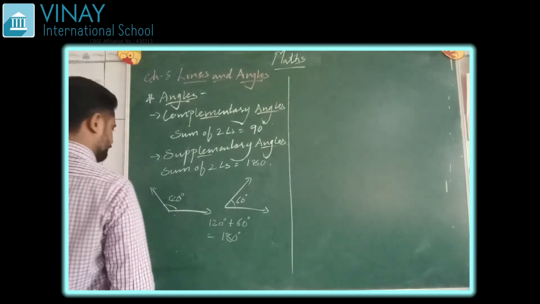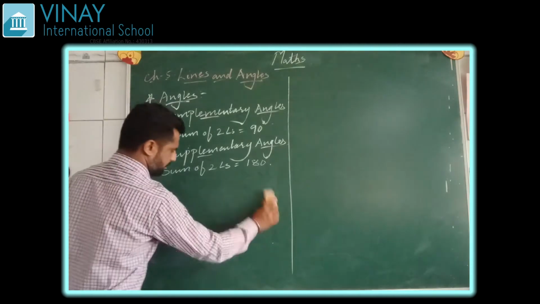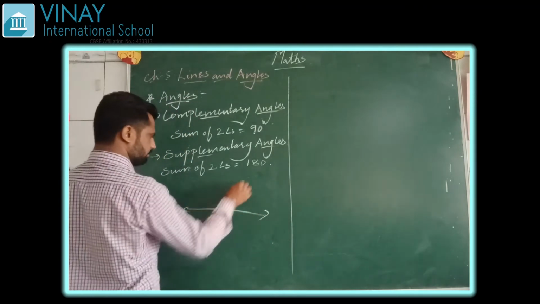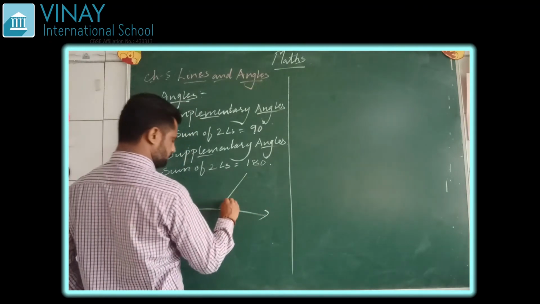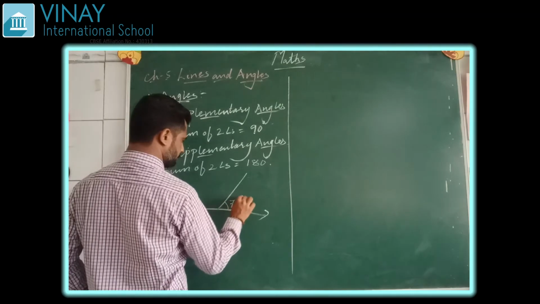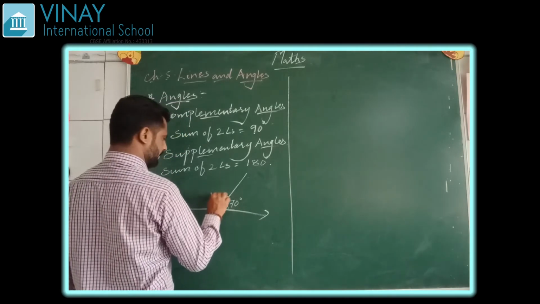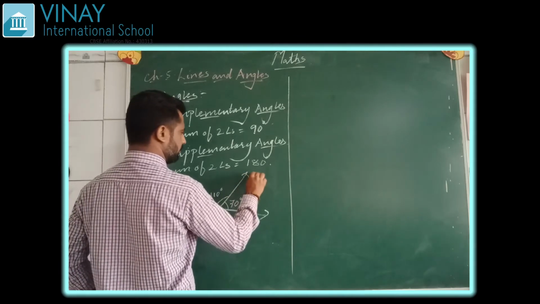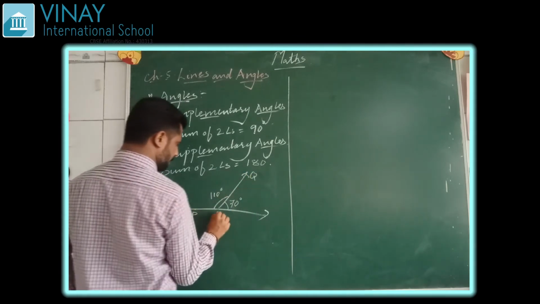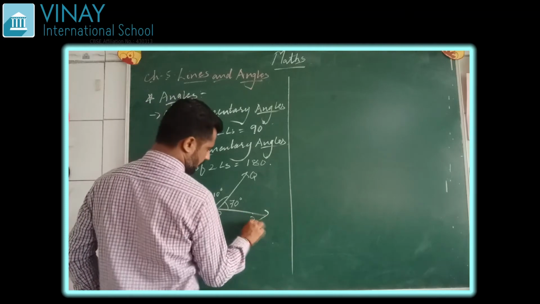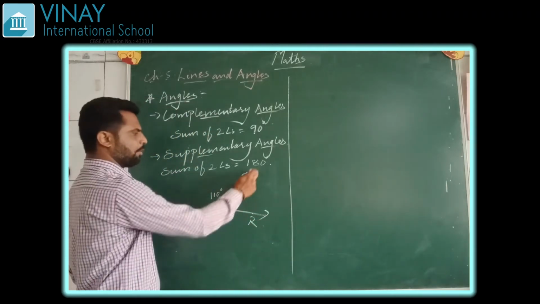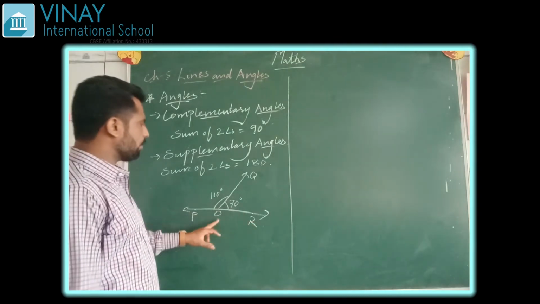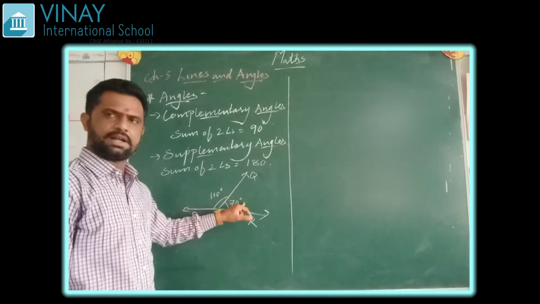In the same way, let us see some other example. Here it is 110 degrees. If I am writing here Q, P, O, R, here angle POQ is 110 degrees and angle ROQ is 70 degrees.